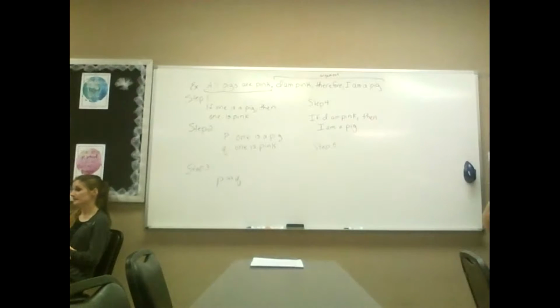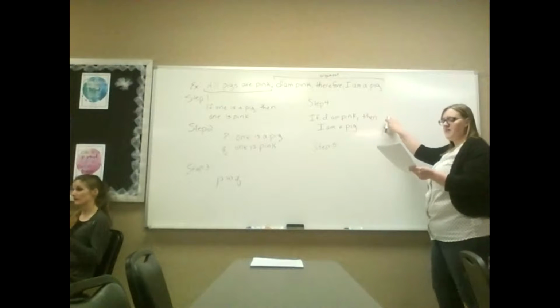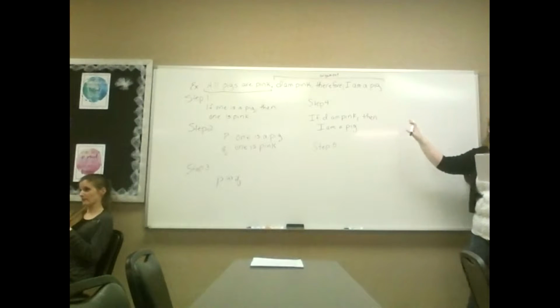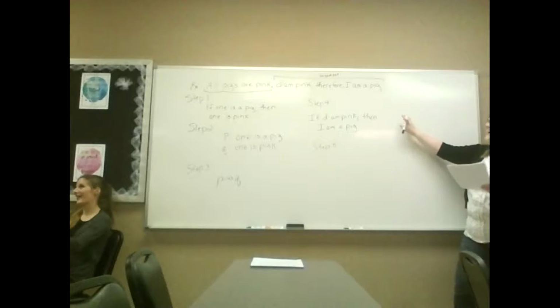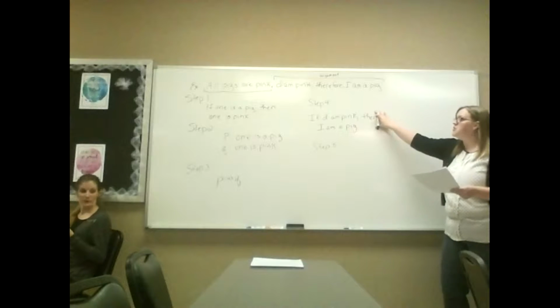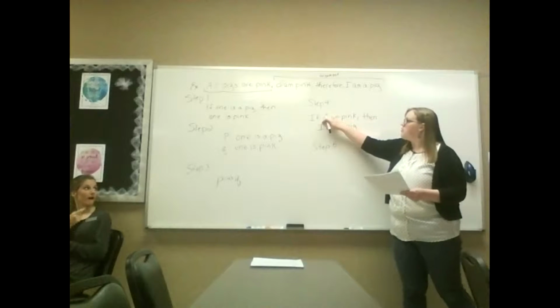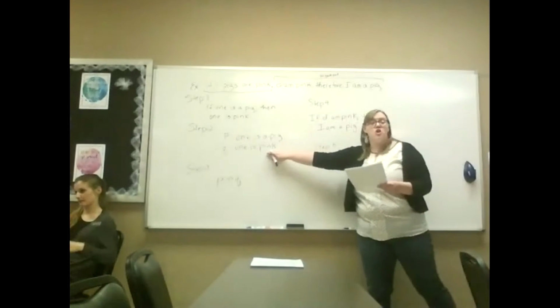All right, step 5. Do you see step 5 says, label each part of the argument written in if-then form from step 4 with the appropriate variable letter from step 2. It's very weird, it's a long process. All right, so step 5, we want to take this and we want to decide what variable goes with this statement, I am pink. It'd be Q, right?